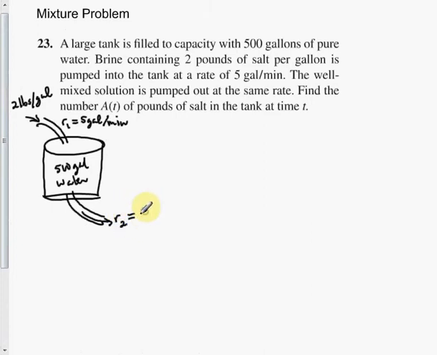So the rate here is 5 gallons per minute. So we'll say down here is the rate out, and this is the rate going in. This is: find the amount of salt, pounds of salt, in the tank at time t.